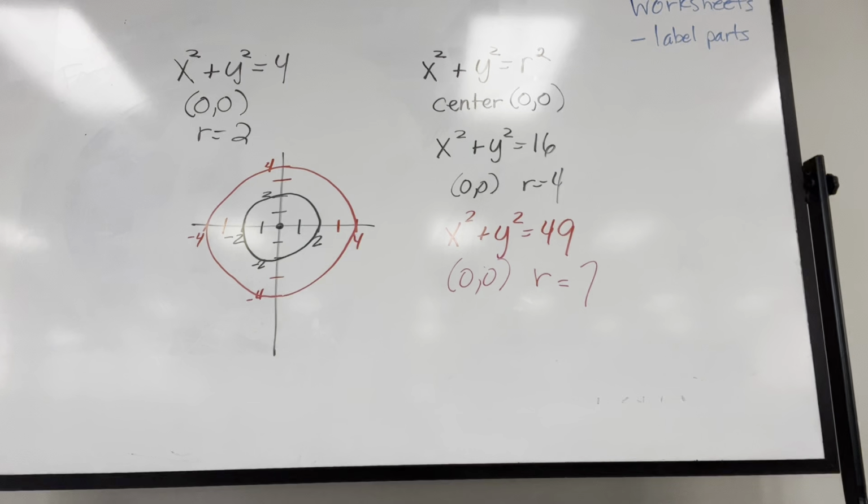Put some numbers like 1, 2, 3. Why would it use 7? Because it's the radius squared. So 49 equals the radius squared. And so you take the square root of it to get the radius. You can just use regular paper.